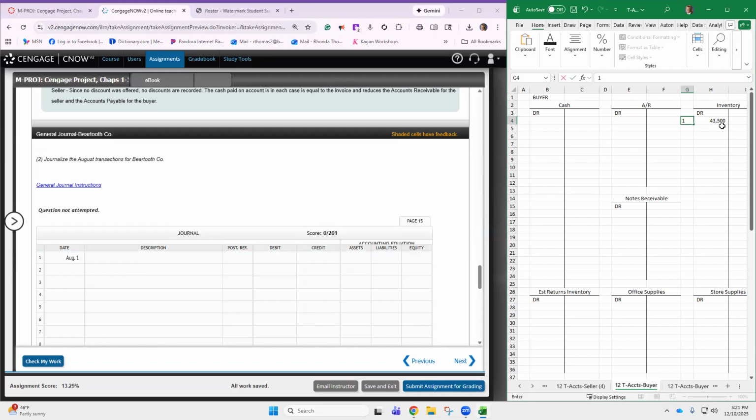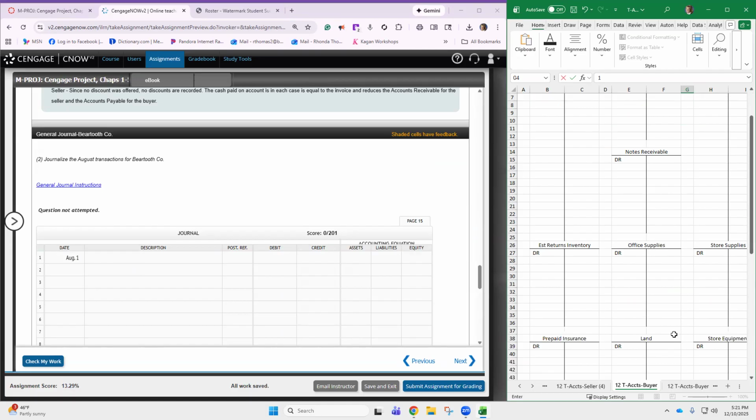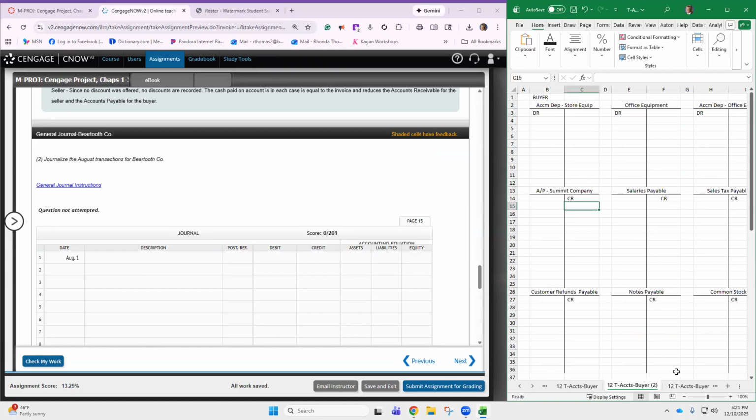Okay, and when we put this in, then we need to credit accounts payable, which is right here, of $43,500, and that's transaction 1. Okay, so transaction 1 is inventory. Because they're the ones buying it, it's going to go in there on their books.